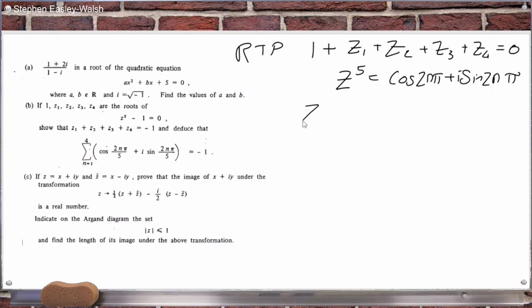So that means z would equal, you take the fifth root here, and De Moivre said that the power multiplies the angle, so that gets multiplied by a fifth.